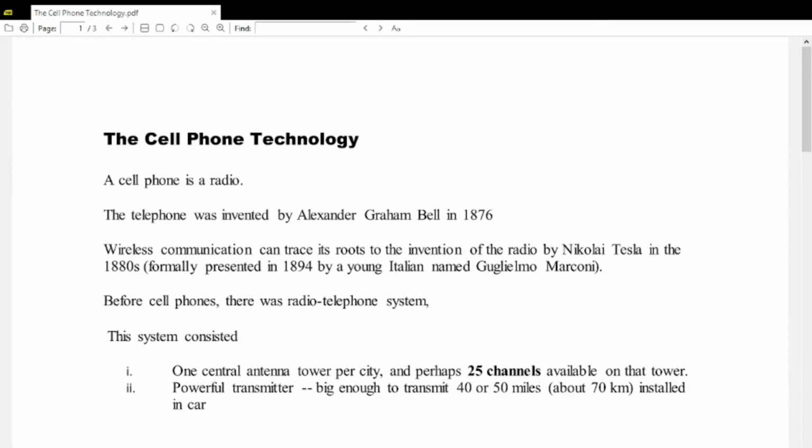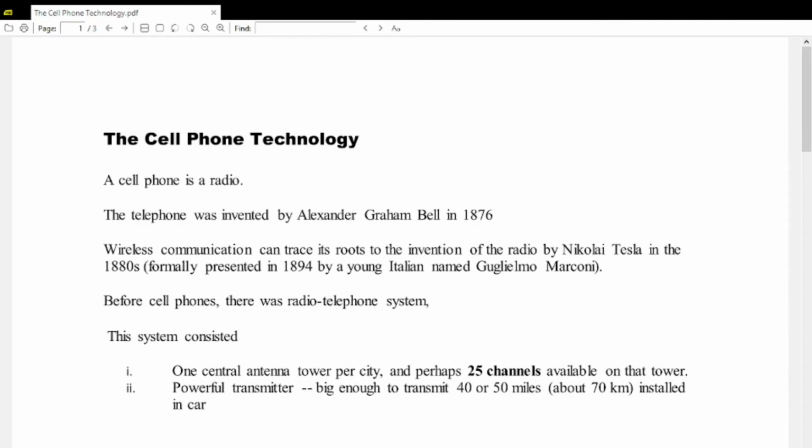Now, having stated that, we know that in the year 1876, Alexander Graham Bell invented the telephone. Now, at around 1880s, someone known as Nikolai Tesla invented radio. Now, radio invention paved the way for wireless communication.